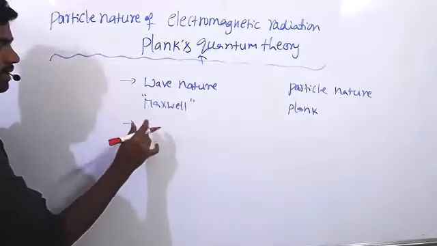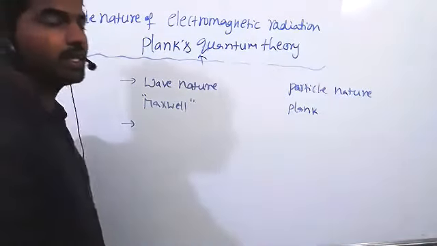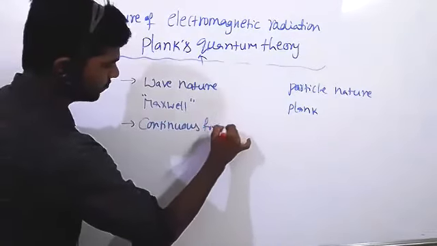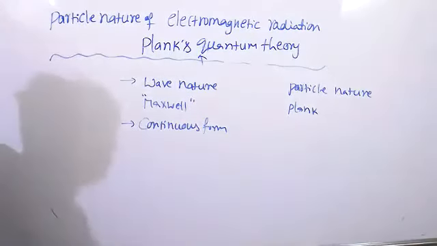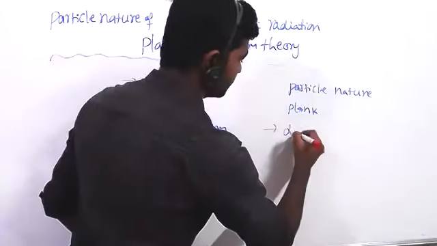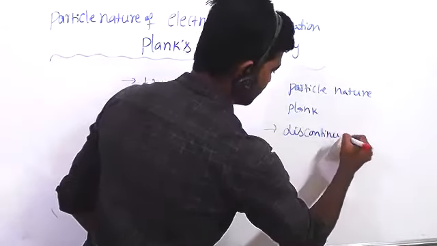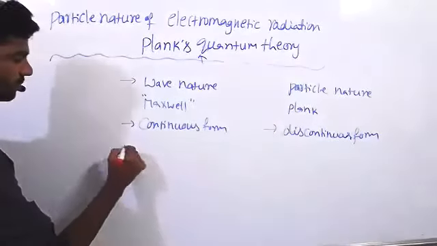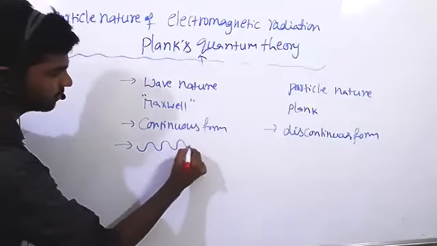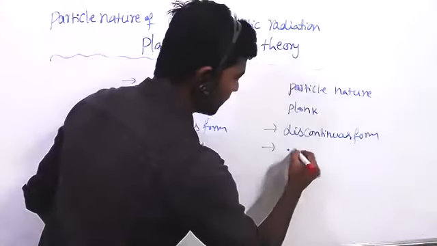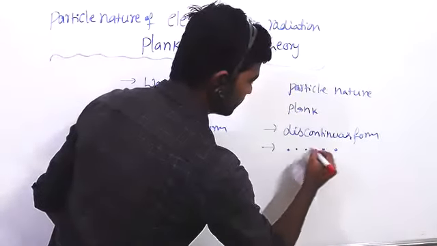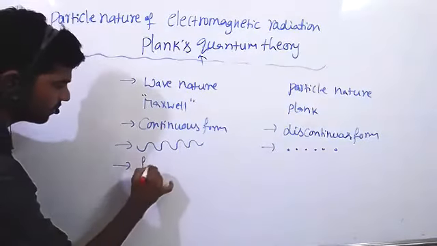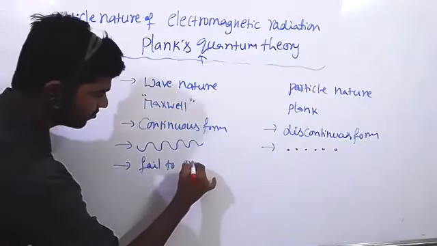In the wave theory, the absorbed or emitted radiation is in continuous form. But here it is the opposite: discontinuous form. Here radiation is wave-like, but here radiation is particle-like. The wave theory failed to explain black body radiation and the photoelectric effect.